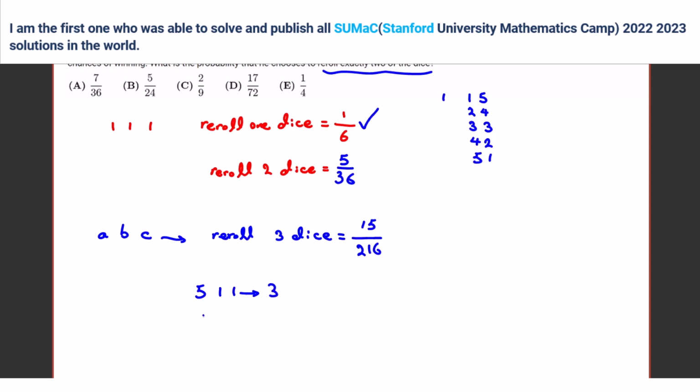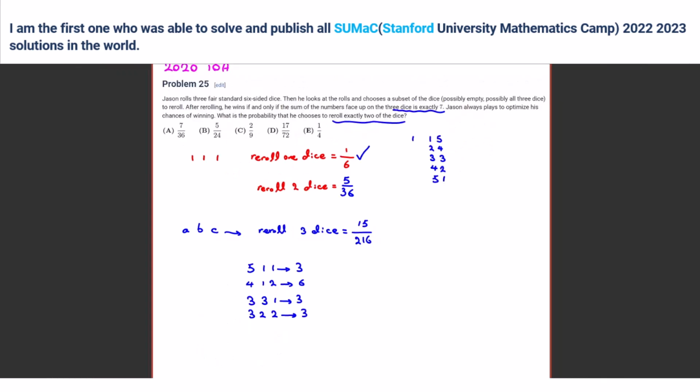If the maximum is 4, the sum of the other two is 3, so 1, 2: 6 cases. If the maximum is 3, then 3 plus 4 is 7, so it can be 3, 1, 3 and 3, 2, 2: 3 cases each. Maximum 2 is not possible. So 3, 3, 3, 9, 15. Good job. So the probability is 15 over 216.